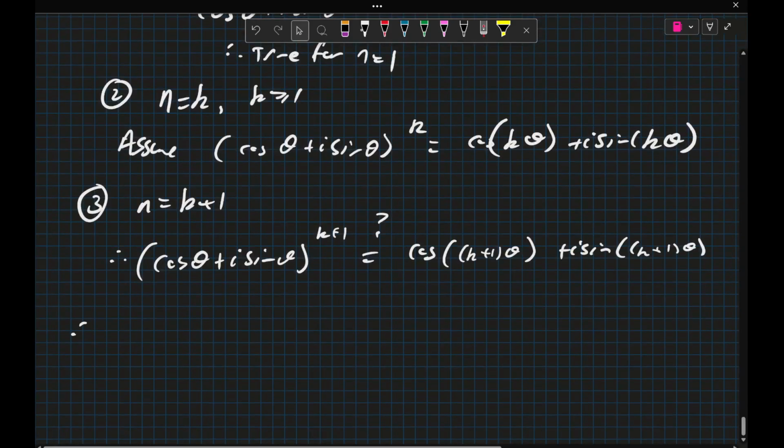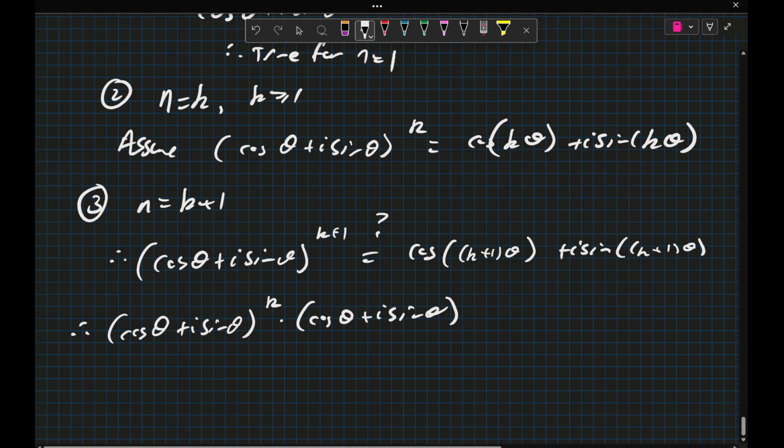So again, using power rules, we're going to break this down to cos theta plus i sine theta to the power of k times cos theta plus i sine theta. So again, this cos theta plus i sine theta to the power of k, I'm going to mark in this highlighter. And we're going to relate this to this inductive step.